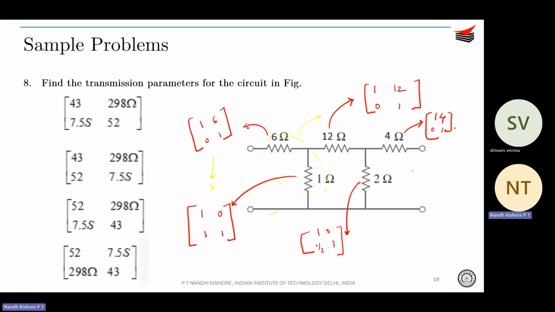Then you get the resultant including this, you multiply with the next element and so on. So it's a cascade. Yes, that's how you do it. For this particular problem, I will not be doing the calculations. I have just shown you, you can directly multiply the matrices and get the answer. The answer you should be expecting to get is option number C.